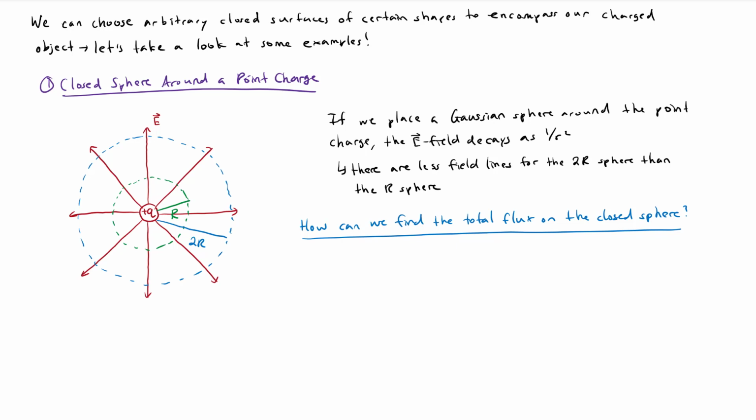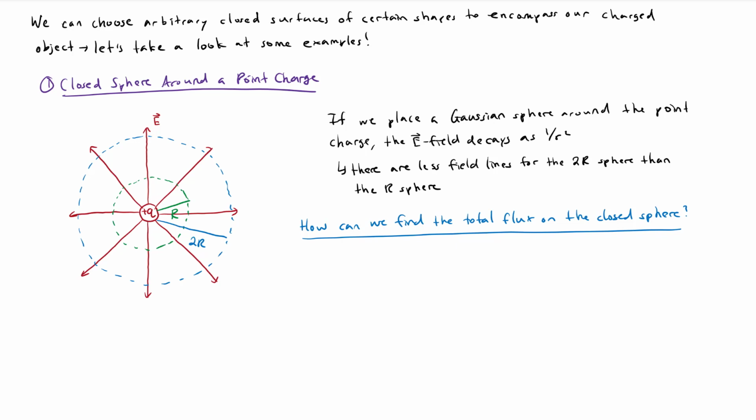So I want to see how many of those electric field lines penetrate through that whole entire closed sphere. In order to do that, I have to apply the equation for electric flux, which is the integral of E dotted with dS. So we have to find dS, and we also have to find E, and they're both vectors.